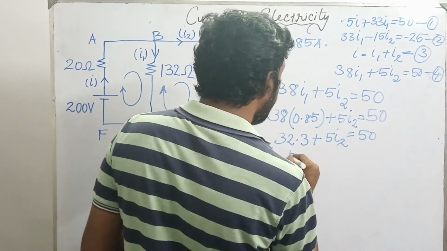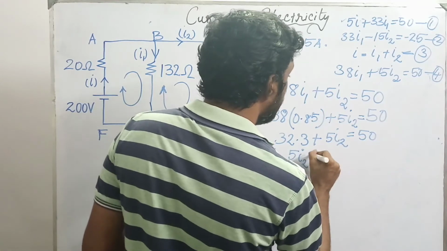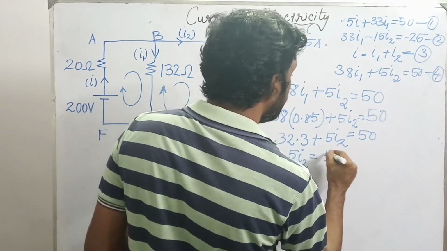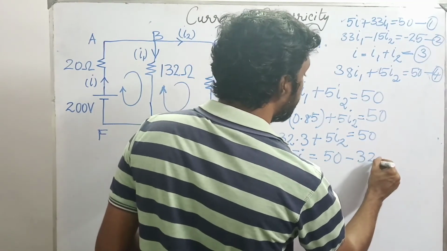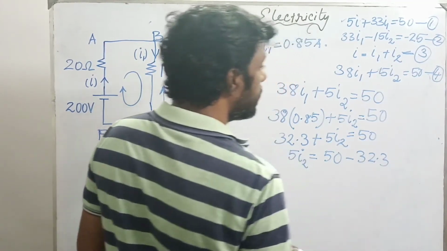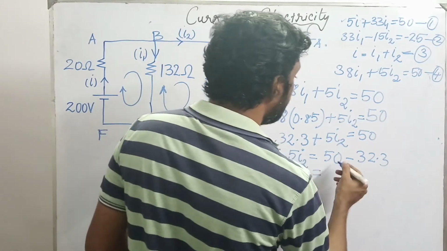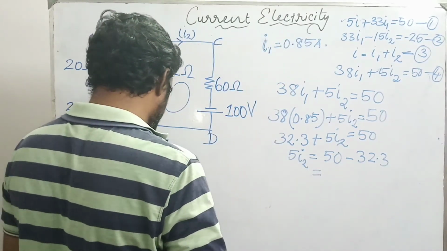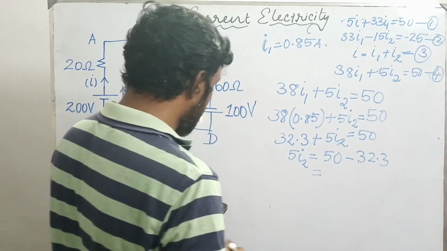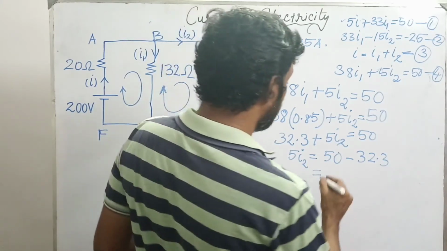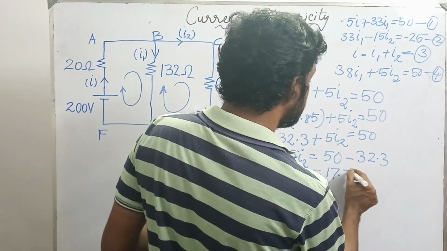So 5I2 is equal to 50 minus 32.3, which is 17.7.